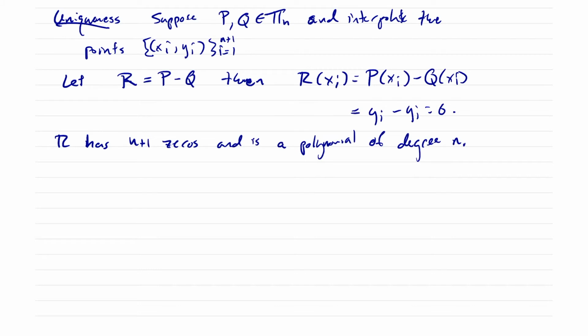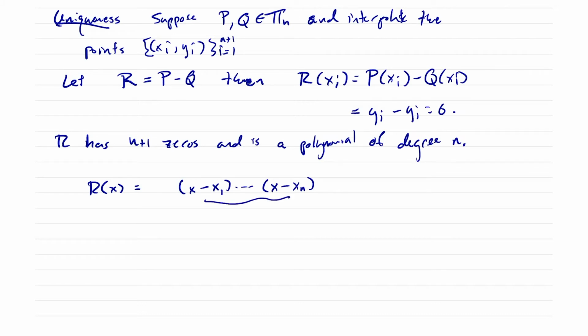Okay, so what does that mean? Well, in short, that means that R of x, since it is a polynomial of degree n, can be written as a times x minus x1 all the way up to x minus xn, because we know it's 0 at each one of these points, but that only covers n.